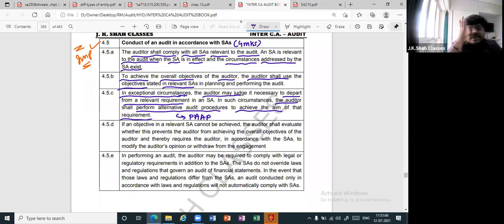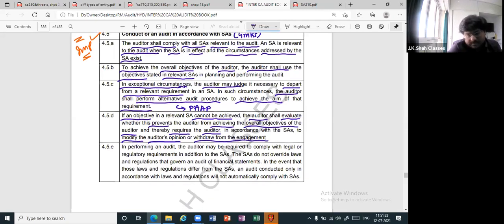Just as I gave you 505, he can do it by calling. Thereafter, if an objective cannot be achieved, then the auditor shall evaluate whether it prevents the auditor from achieving the overall objectives, and thereby it requires the auditor, in accordance with the SAs, to modify the auditor's opinion or withdraw from the engagement. So take actions or withdraw.